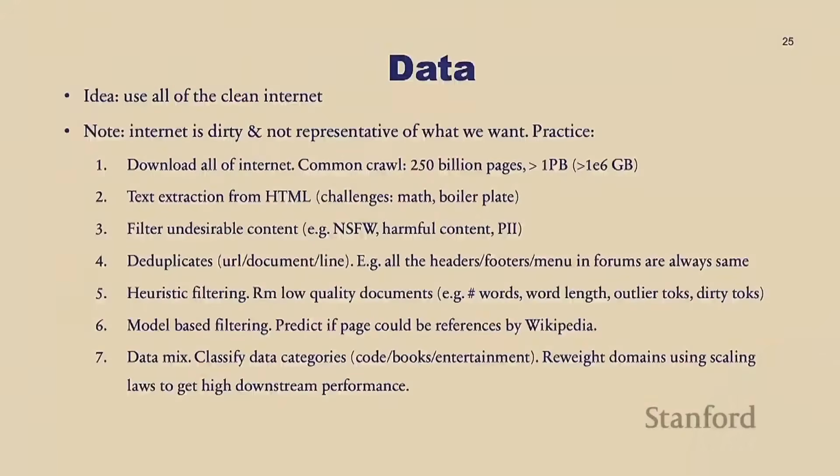So that's something that people usually say in a very hand-wavy way. If you train your model more on code, it helps reasoning. So you want to upweight the coding distribution because that helps for general language modeling skills. Books is usually another one that people upweight. Entertainment, they usually downweight. So things like this.